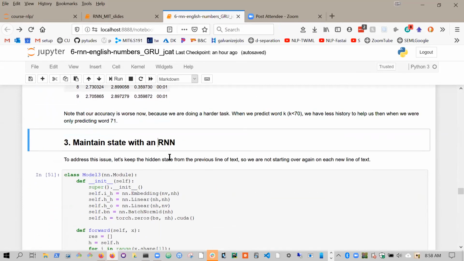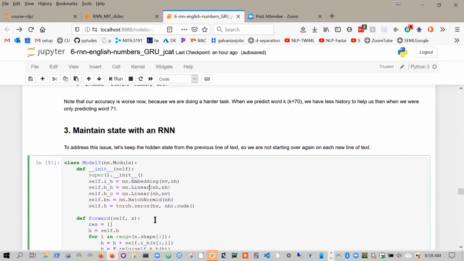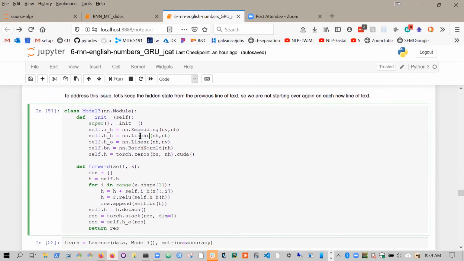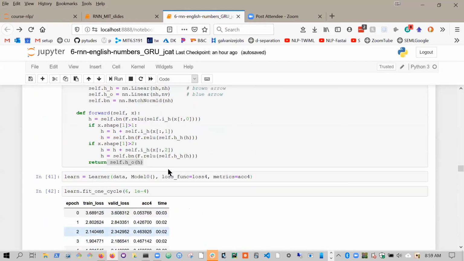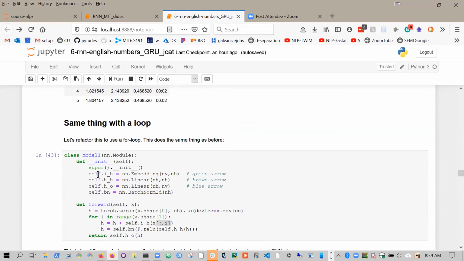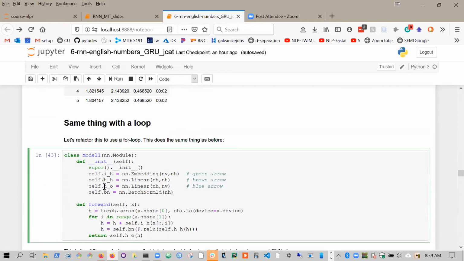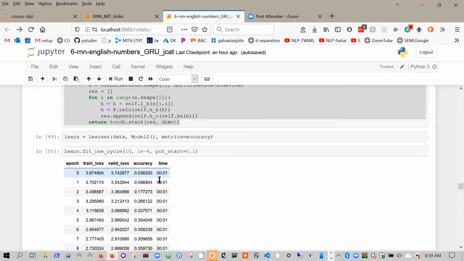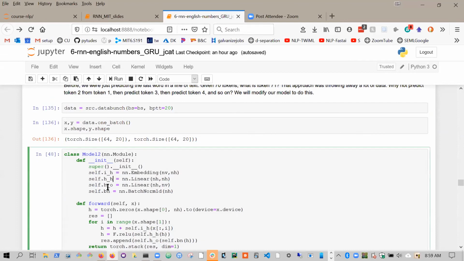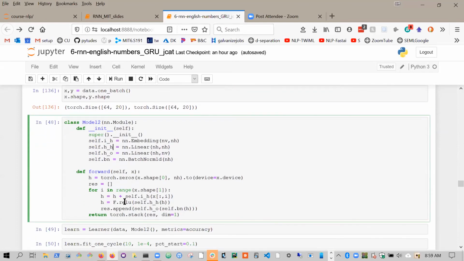So the next thing is you now try to implement this RNN. Let me go back to the first one, I want to look at it for a sec. It has IH, HH, and HO. This thing also has IH, HH, and HO, but there are extra operations in here.